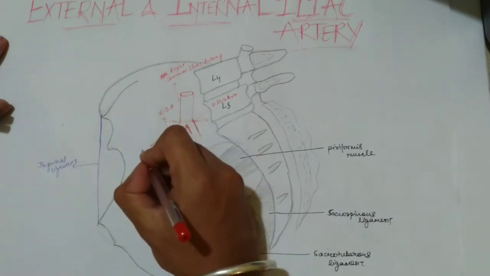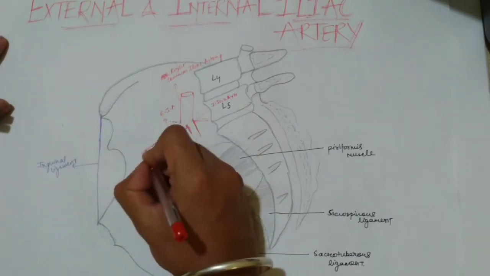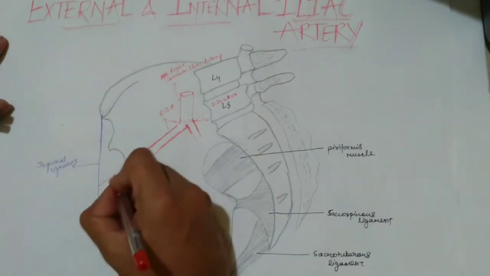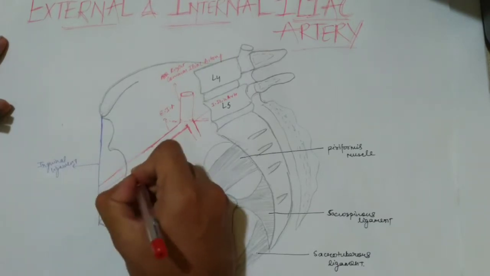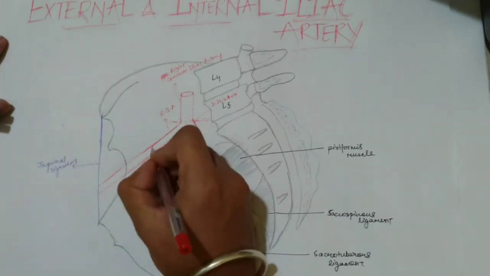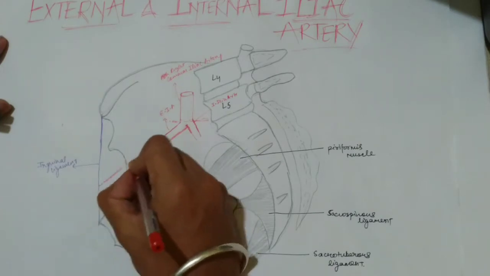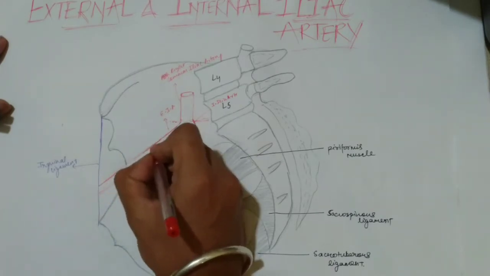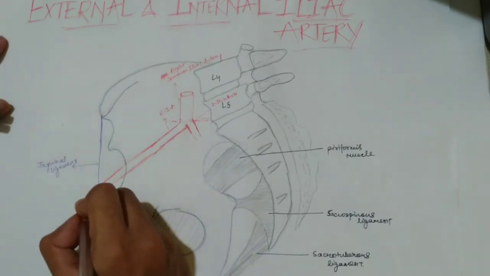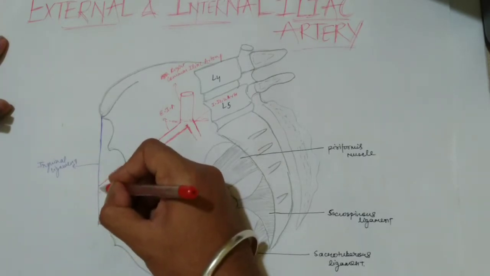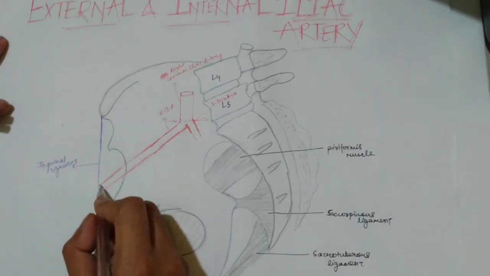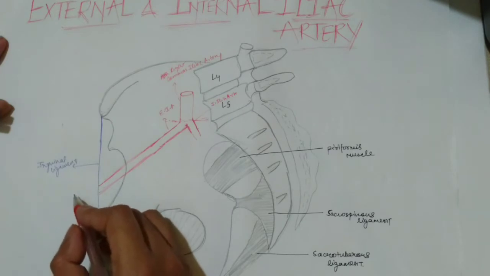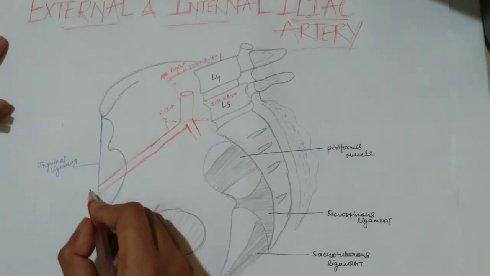The external iliac artery goes like this and reaches your inguinal ligament, that is, your inguinal ring, and it terminates here at the level of the inguinal ligament. Just after exiting through the inguinal ligament, the name changes and it is now called your femoral artery.